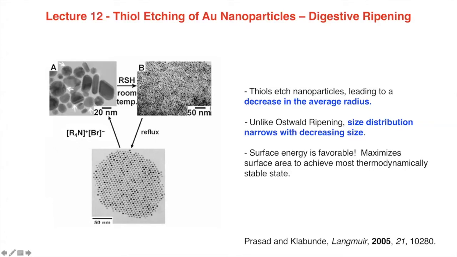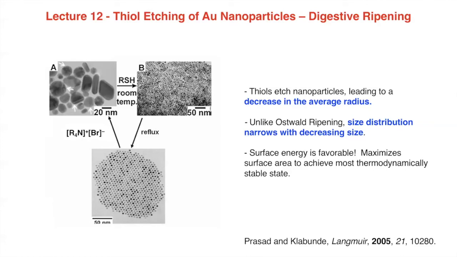Another interesting thing is that you can take this and heat it with a different type of surfactant, a different surface ligand, and all of a sudden get back this broad distribution and large size, and go around the horn here. So I would say that this is maybe not widely accepted, it's more of a proposal than a certainty, that this formation of a narrow size distribution with smaller size must be a sign that the surface energy here is favorable.